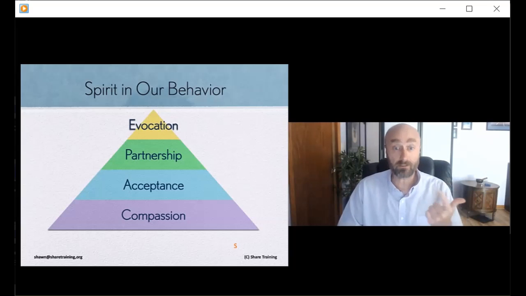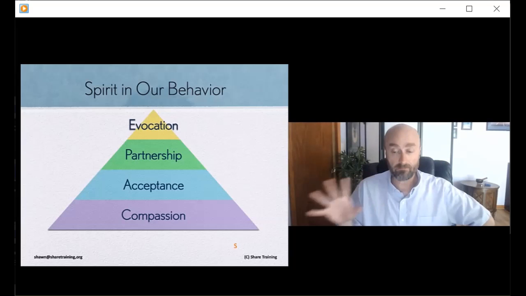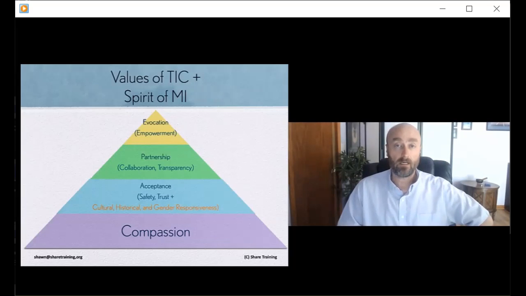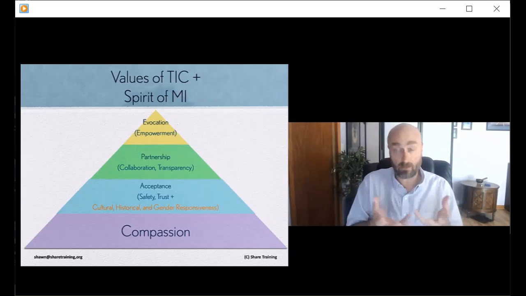So you're being compassionate, accepting, partnering, and at times evoking, as we explored in the last module. This again aligns with a trauma-informed implementation at the values level. This MI approach, holding space, trauma-informed care go together like this.